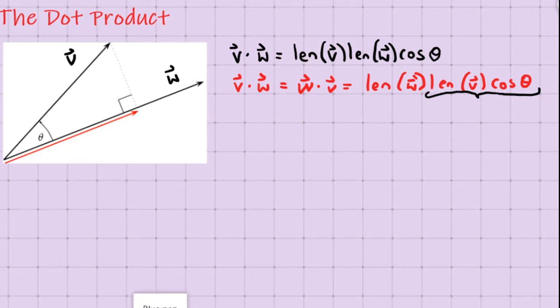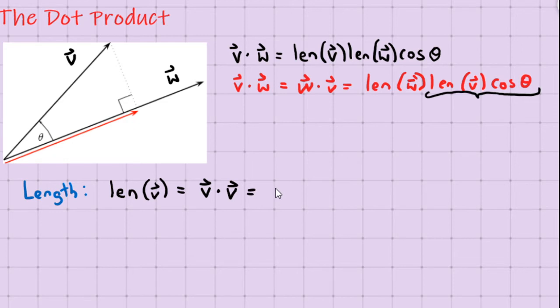Right. So there are three quantities that we can derive that are relevant in all of this, that we can write in terms of a dot product. The first is length. We can find the length of the vector v. That is equal to v dotted with itself.